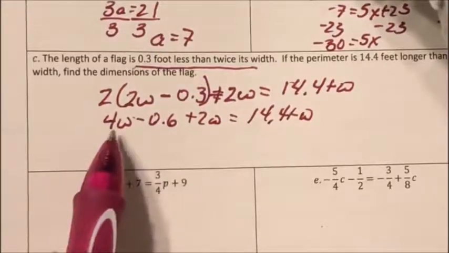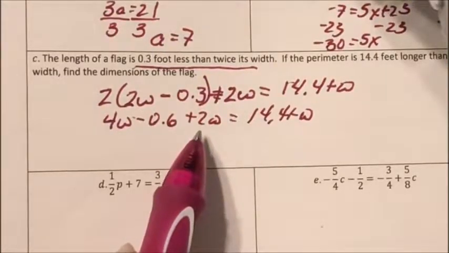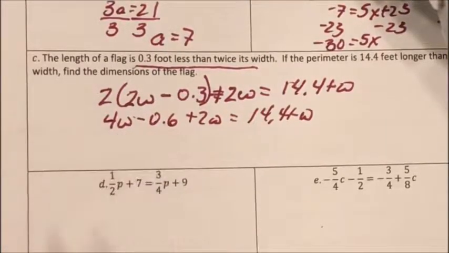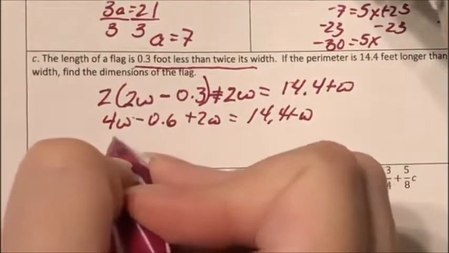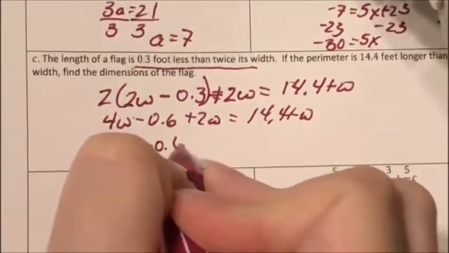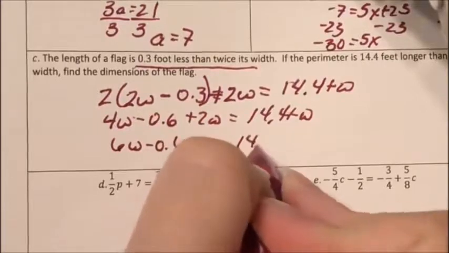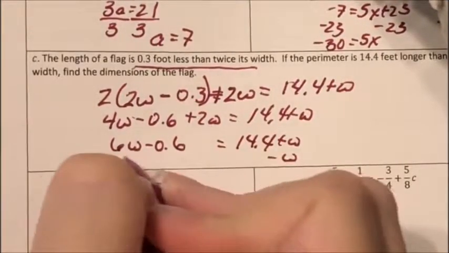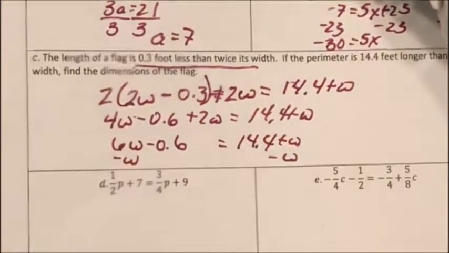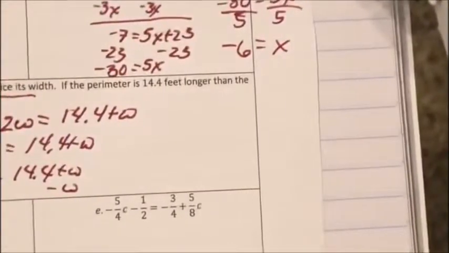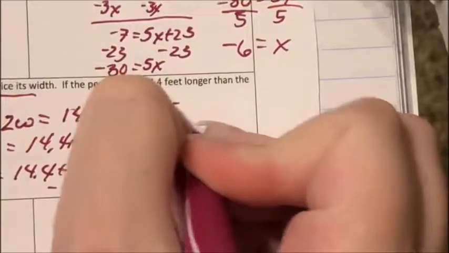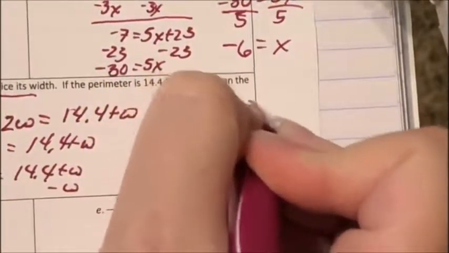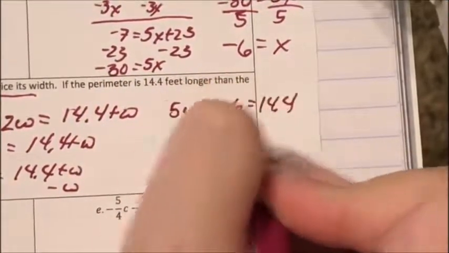Okay, I have 4w plus 2w, they're like terms, so I can add them together. 4 plus 2 is 6, so 6w minus 0.6 equals 14.4 plus w. Now I'm going to subtract w from both sides. When I do that, I get 5w minus 0.6 equals 14.4.